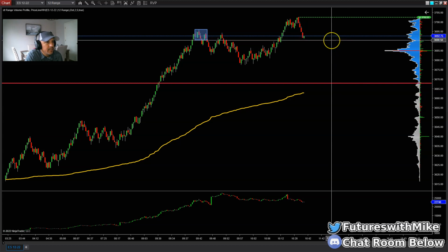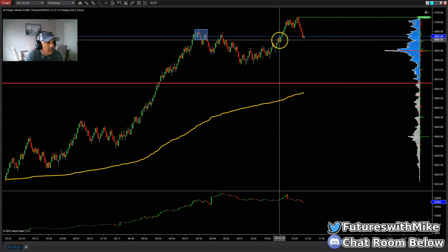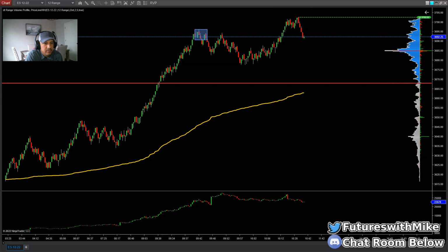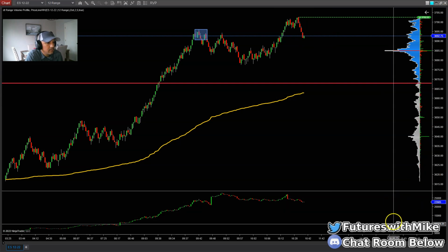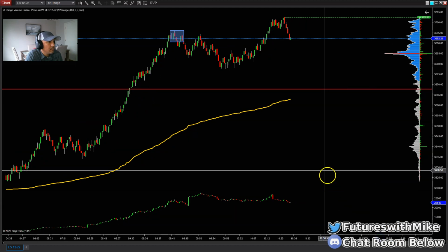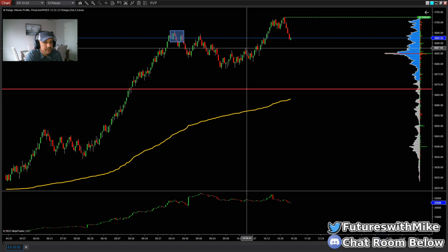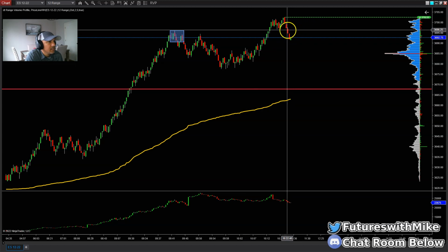Yeah, this could be a demand zone right here on the 12 range. Could be a demand zone. On the 12 range chart. So we'll see.